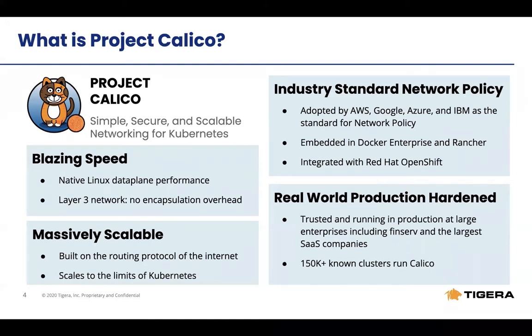And if you look into the on-prem offerings as well, like OpenShift, Docker Enterprise, Rancher, all of those players have either support or offer Calico for the CNI or the policy as one of the options.